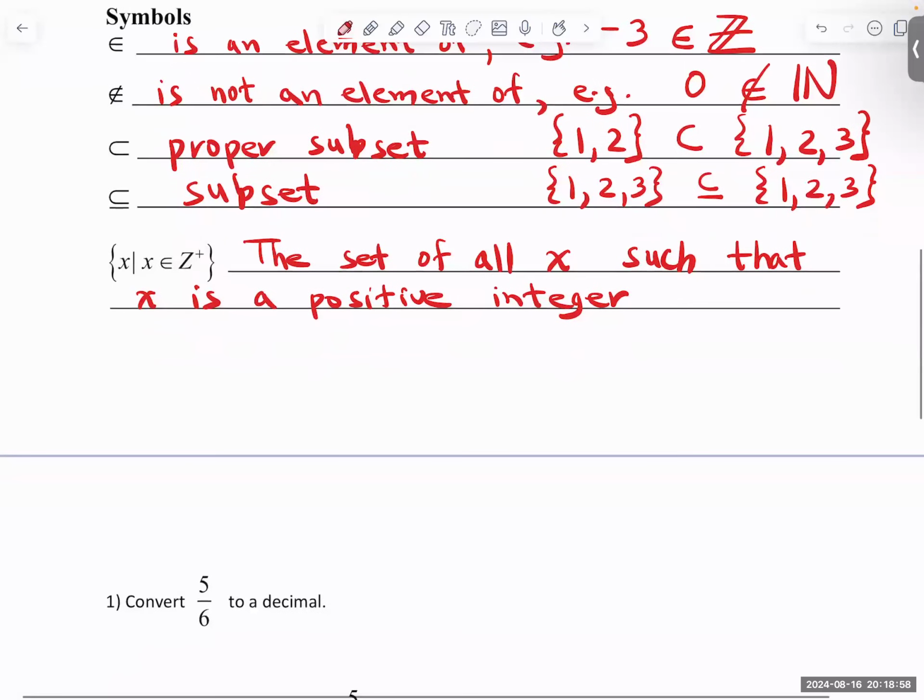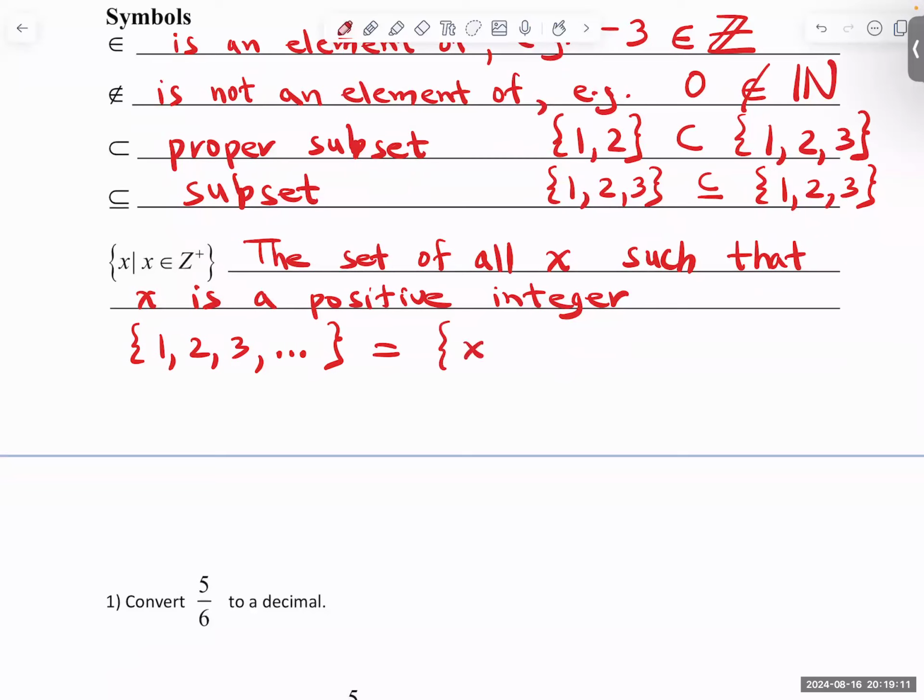The set of positive integers includes 1, 2, 3, ellipsis. That can be expressed as the set of all x such that x is an element of the set Z plus.